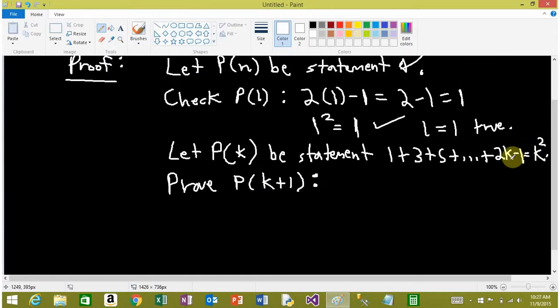So what we're going to have to do is, our summation, what we're adding is 2k minus 1. So what we're going to have to do is, let's write this to the side. This is kind of what we're doing here. We're going to be adding this to both sides, 2k plus 1. We're replacing k with k plus 1, and then minus 1.